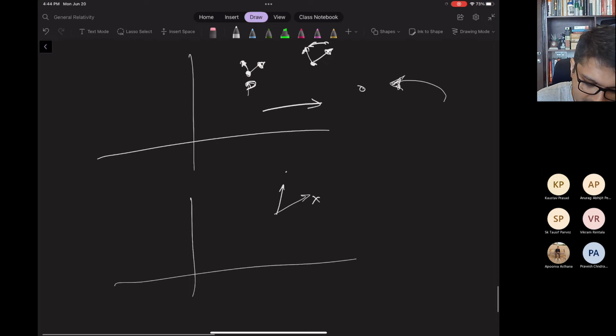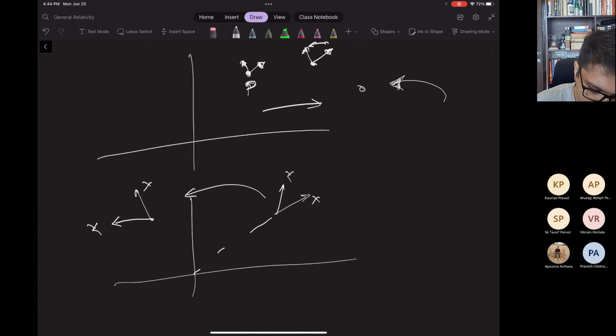In the case of rotations, if I have a vector x and a vector y, under a rotation this point x gets rotated, and the vectors themselves also get rotated. So you think of it like this, this is at an angle theta. This vector x, you can think of it as rotated by theta, although I'll discuss this in detail. When we say rotated by theta, rotated relative to what?